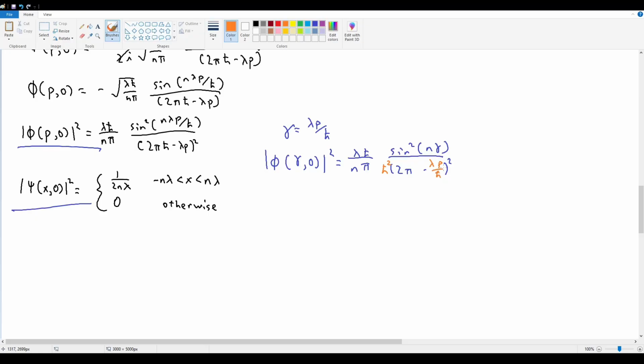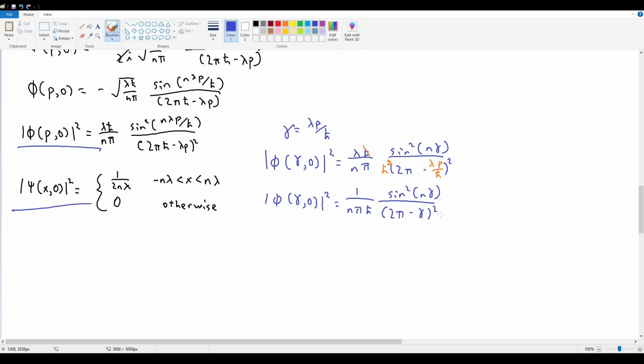Like that, right? So at that point, the h bar squared cancels the h bar on top. So what you have left is now magnitude phi of gamma comma 0 squared is equal to 1 over n pi h bar times sine squared n gamma over 2 pi minus gamma squared, like that.